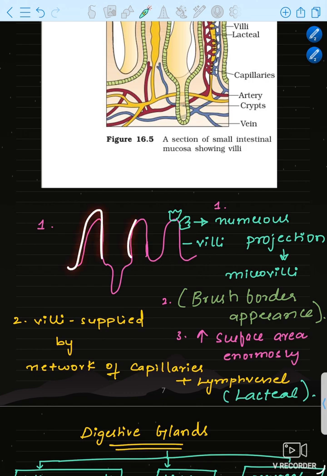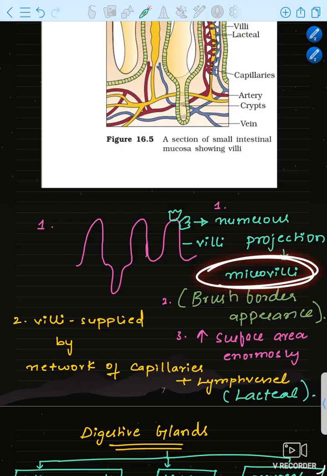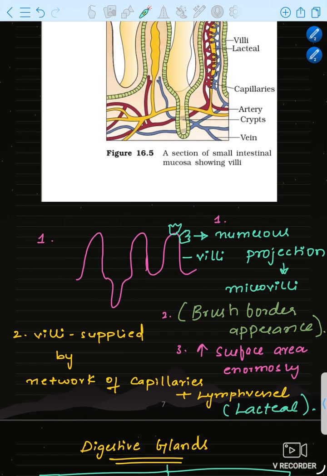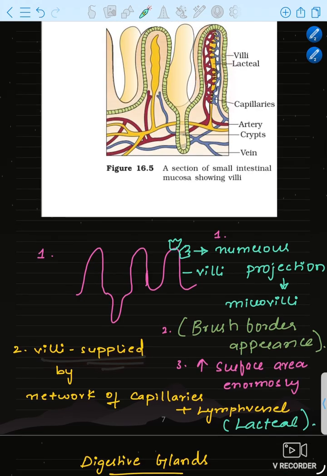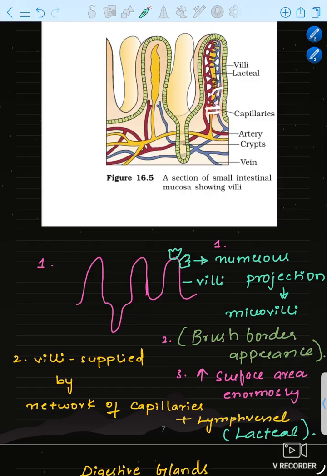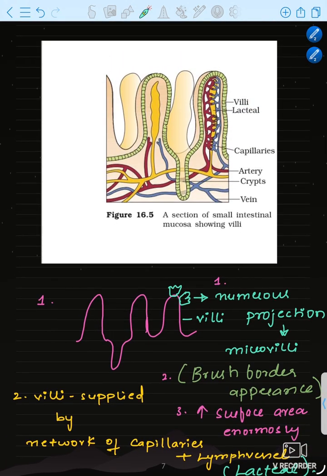First it formed villi and still it wanted absorption, that's why it formed microvilli. Now you can see villi are supplied by a network of capillaries, and a lymph vessel is there. That is called lacteal. So this is all about the alimentary canal of the digestive system.